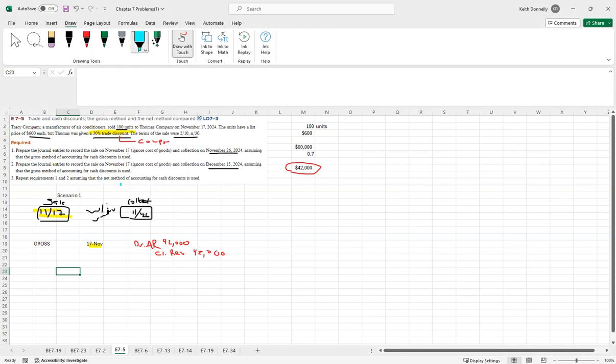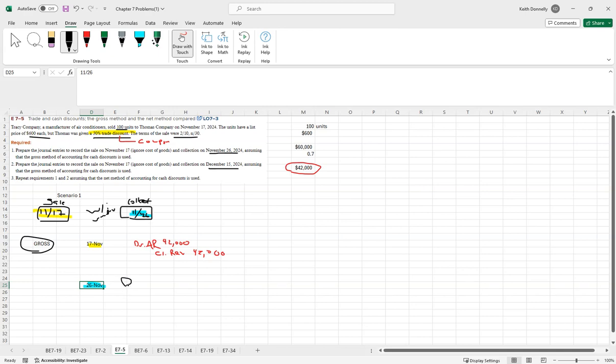On the back end, whenever we collect on this on 11/26, what's our journal entry there under the gross method? Well, it was in the window, so what that means is they get the 2% discount.